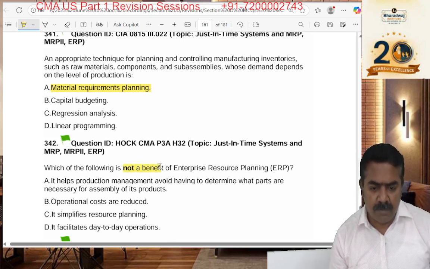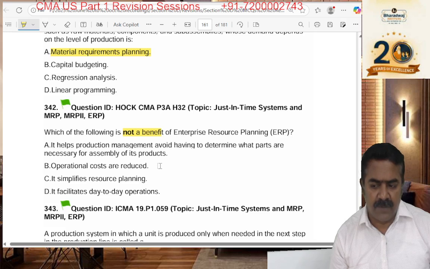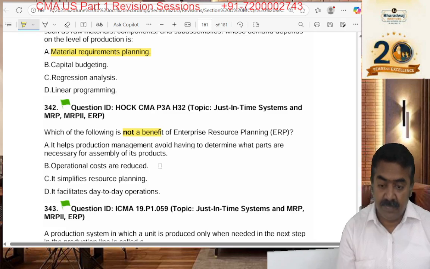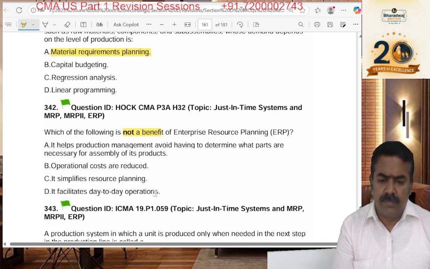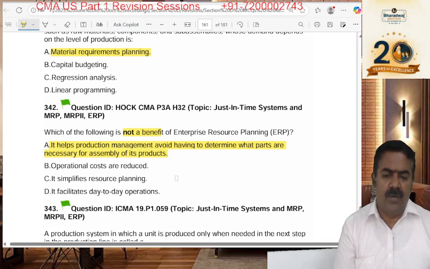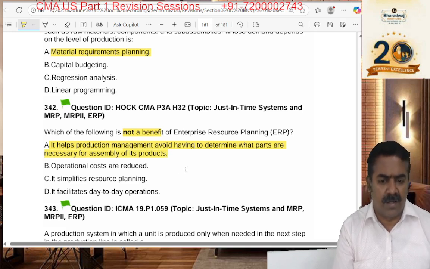Which is not a benefit of ERP? I hope it is the same. Okay, so it will not determine whether the part is necessary or not.